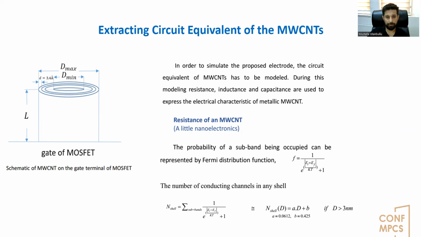The probability of subbands being occupied by an electron can be represented by the Fermi distribution function, as stated by the F function here, where E_i is the peak energy value for the subbands below the Fermi level, as shown with E_F. Then the number of conducting channels in any shell, by considering the spin degeneracy, can be acquired by adding up all the probabilities, and this is given by the N-shell function here.